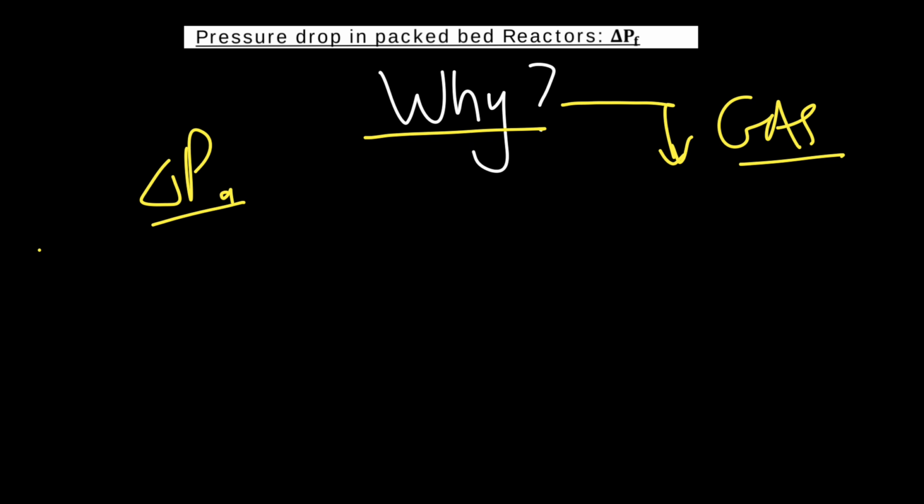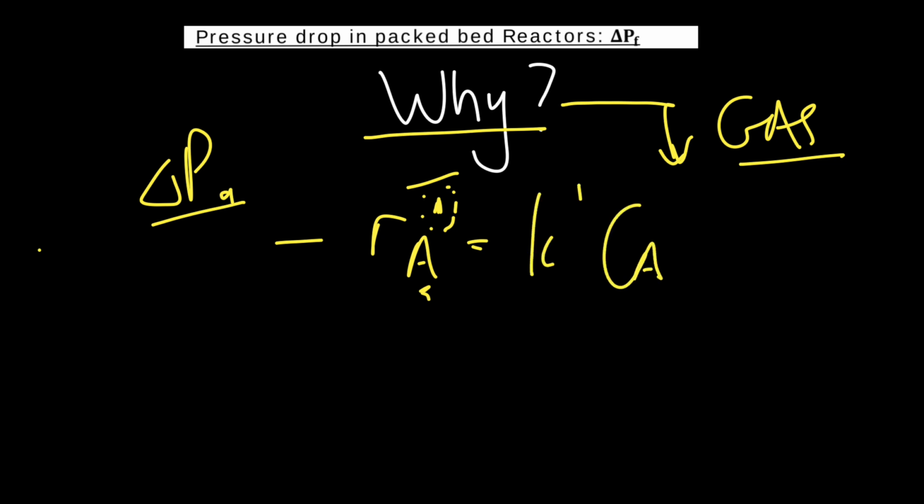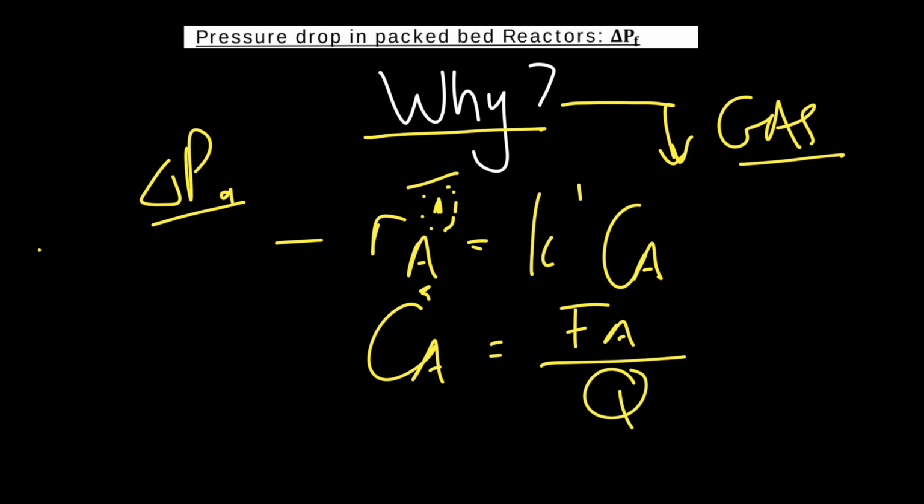Reason being that if I look at my rate expressions, and now we are always going to work on a mass basis, and we use the prime to denote that we are reminding ourselves that our rate is on a per kilogram catalyst basis, and my rate at which my reactant A disappears will of course be a function of its concentration. And if I think of concentration, it is the molar flow rate in my reactor at any point divided by the volumetric flow rate.